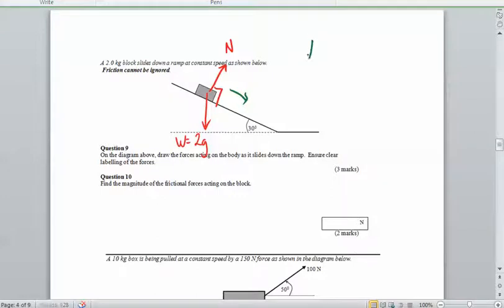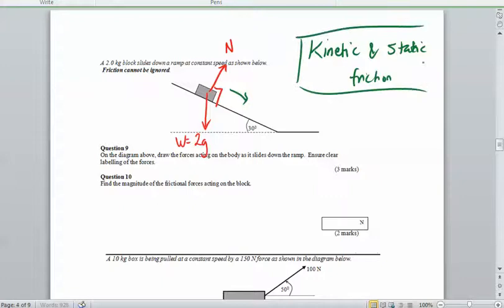So tonight, I'd like you to look up kinetic and static friction. Look for some graphs. Kinetic and static friction. Hint, hint. Because you guys will have to do something like that tomorrow.